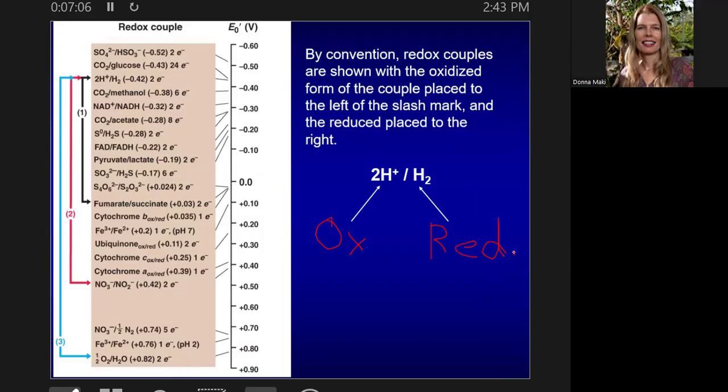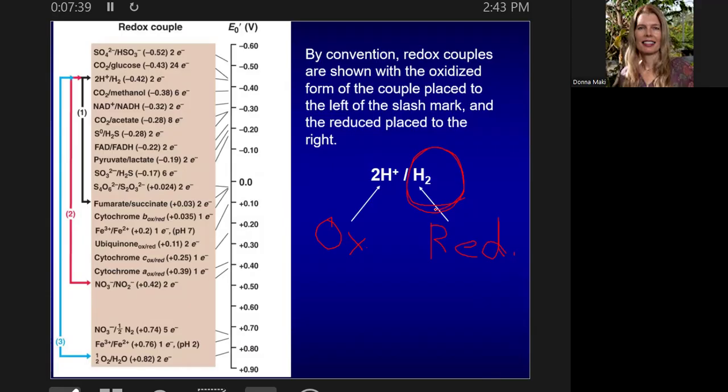So everything on the top here in the negative scale means that the partner to the right of the slash, the reduced version of all of these molecules, so H2, glucose, methanol, NADH, when you're up in this region of the tower, that's the molecule that is happy to donate electrons.